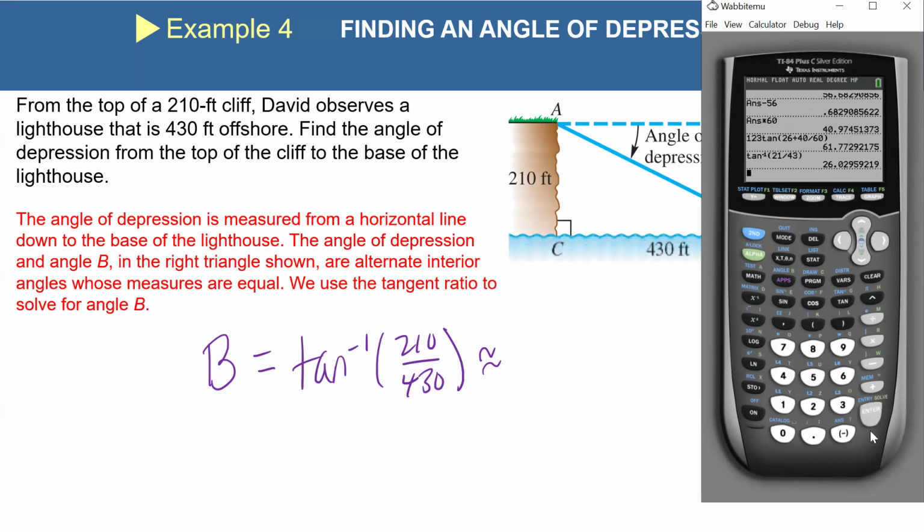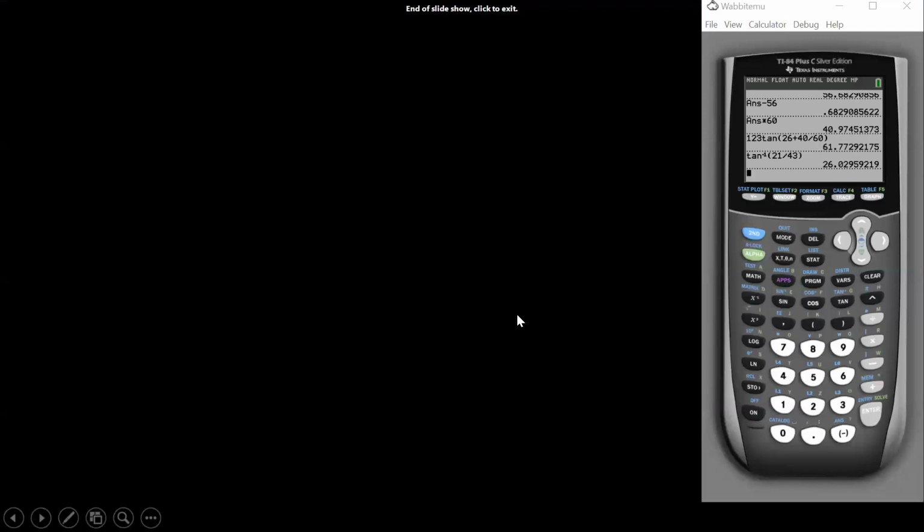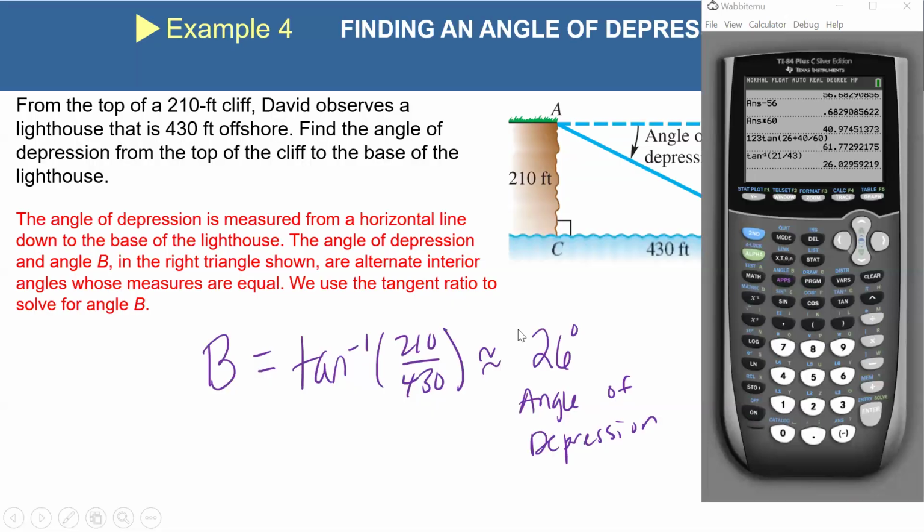And we get 26, just 26 degrees. We get 26 degrees is our angle of depression. That's it for 2.1.